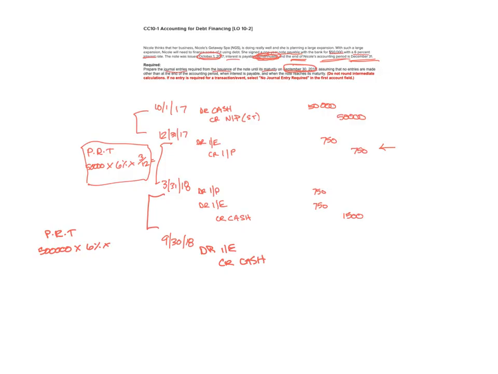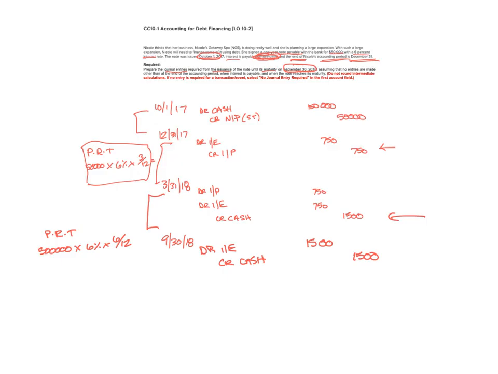So we have April, May, June, July, August, September, or 6 months. And we know that to be true because this is the second half of the year that we're now paying interest for. And this amount will be $1,500. It is the same as the amount we paid here when we were paying for 6 months too.